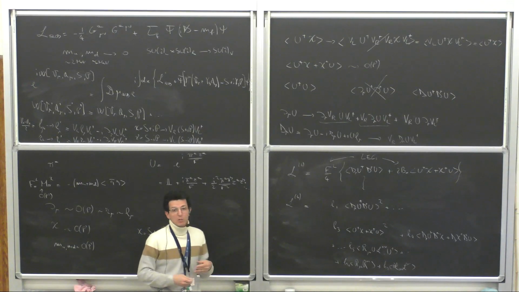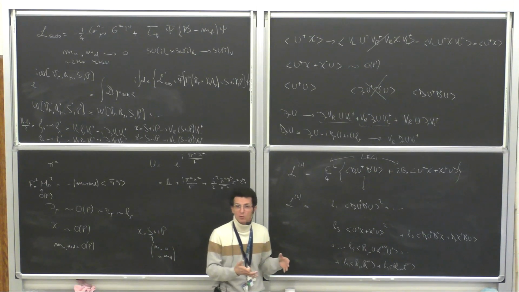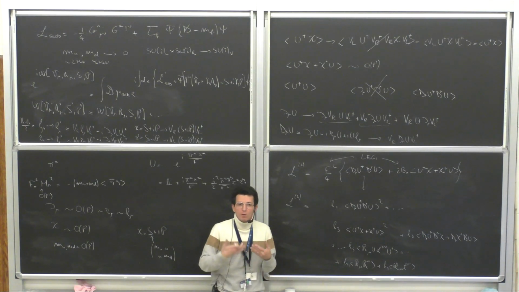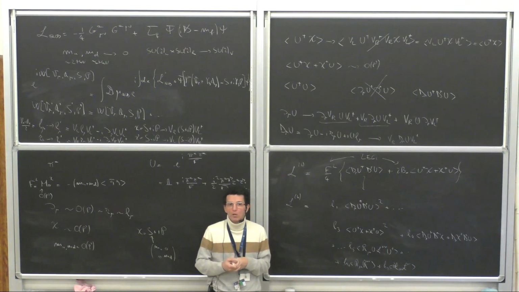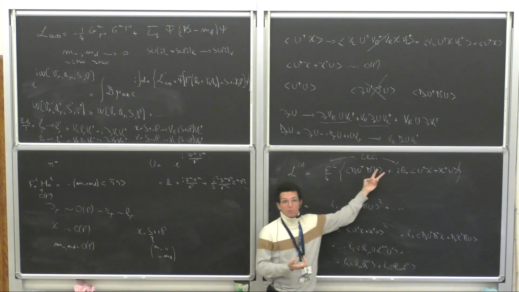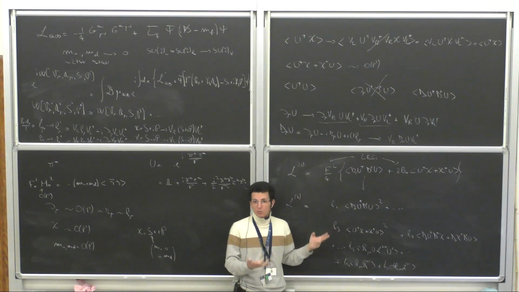Of course, as long as you proceed in this expansion, you can produce a large number of possible invariant terms. The more you allow the appearance of derivatives, the more combinations of terms you can have. And so the 2 terms at leading order become 6 terms at next to leading order.